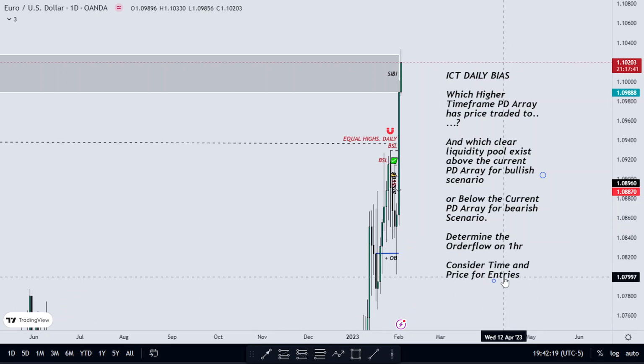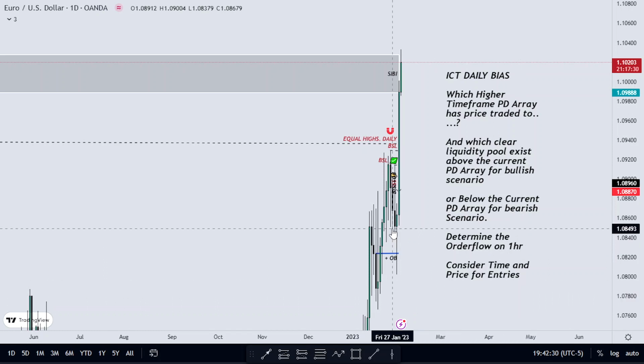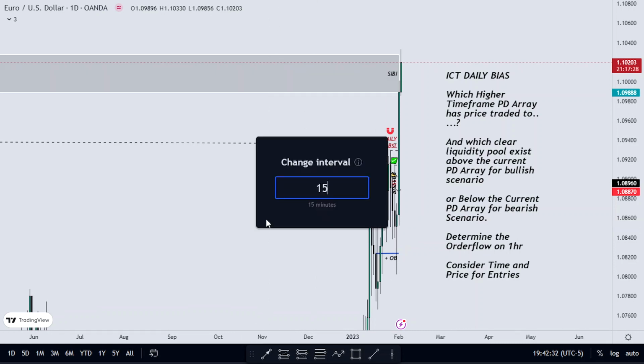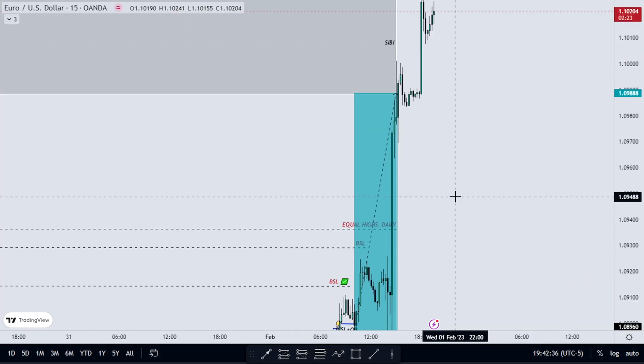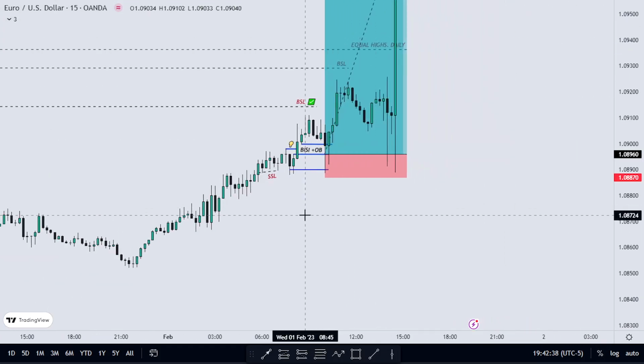On the New York Q zone, as ICT has been teaching, whenever you anticipate a significant price run, you anticipate a run on stops. So we had a beautiful run on this short-term lows during the New York Q zone.